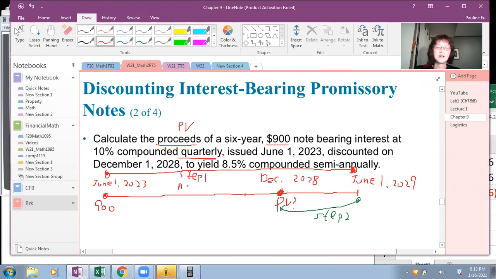So we need to figure out n for step 1: 6 years times 4, n equals 24 quarters. In step 2, interest is compounded semi-annually. From December 2028 to June 1st, 2029, there are 6 months, which is n equals 1 because compounded semi-annually. Now I'm going to use my Excel.